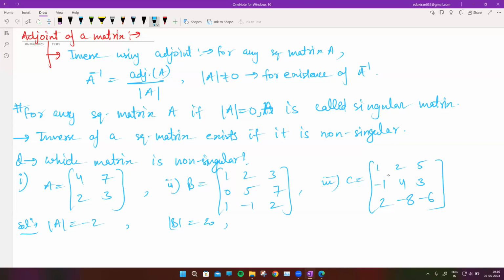Determinant of B is 20. Please solve, that is what I want. What did you get as the value for determinant B?